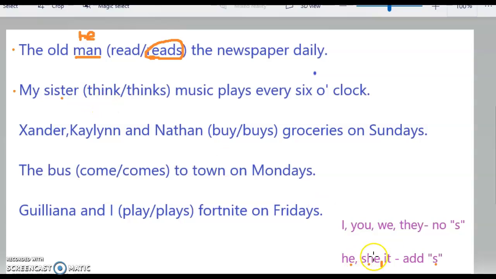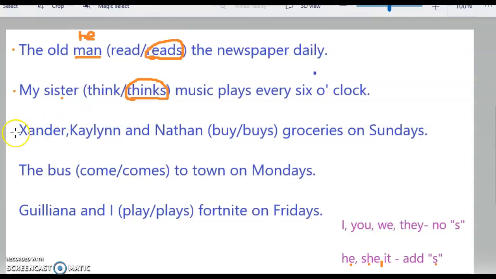And if we're going to use she, we need to add an s to the verb form in the simple present tense. So we will say my sister thinks, because if we're referring to she, then we need to add an s. So my sister thinks music plays every 6 o'clock, right?